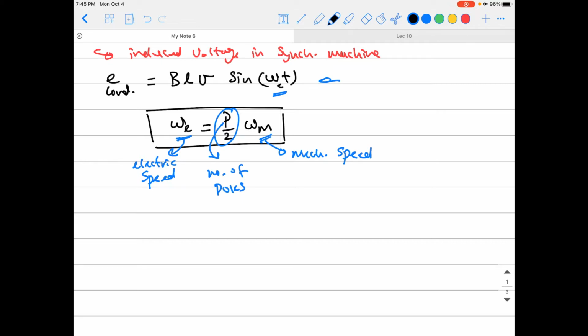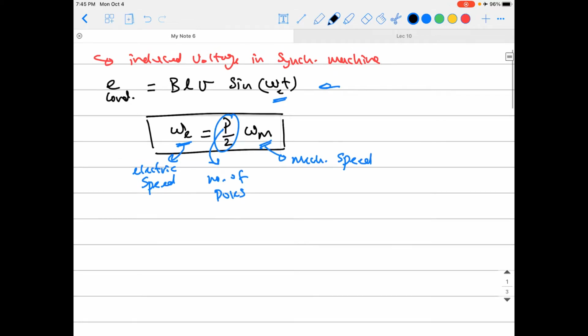We can find the E turn to be just 2 of the E conductors, because each turn has 2 conductors, and the induced voltage per phase will equal N phase, the number of turns per phase, times E turn.